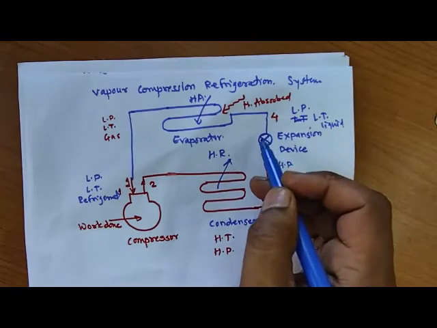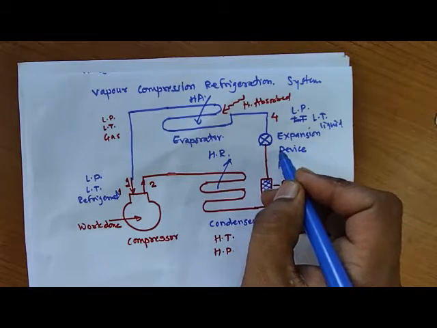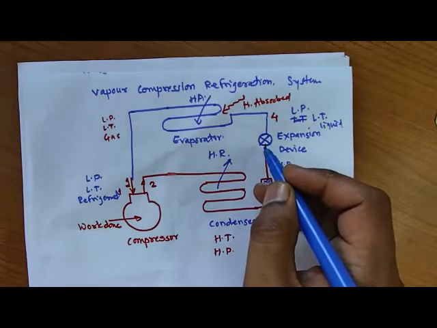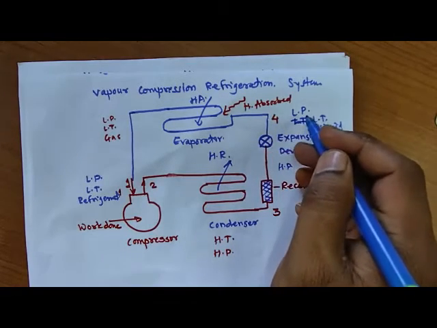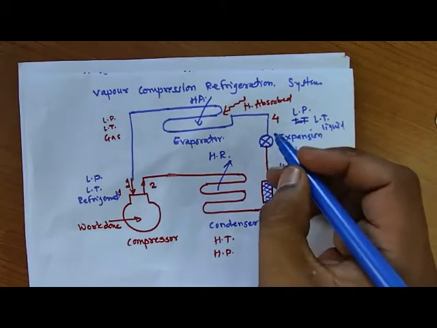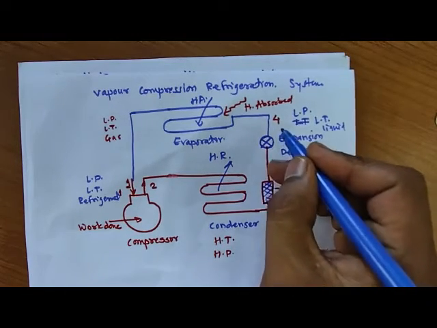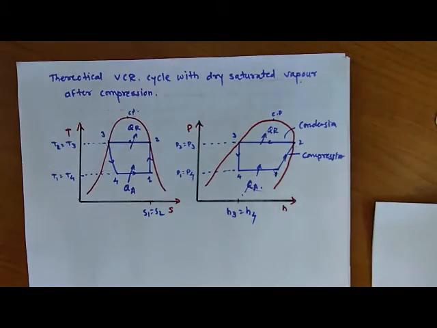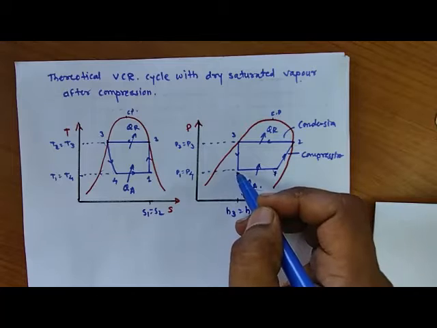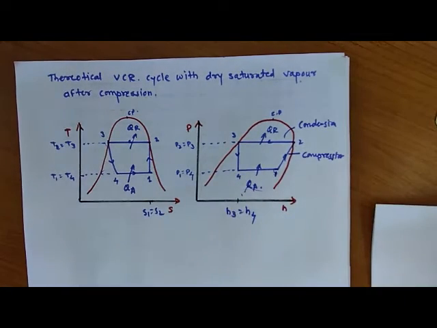In the expansion valve, when the high pressure refrigerant is throttled through the expansion valve, during the conversion into low pressure, some of the liquid refrigerant will be converted into gas refrigerant. Okay, so that's why if you see here, point number 4 is not available on the saturated liquid line and the both diagram.